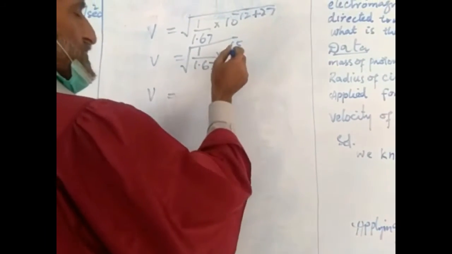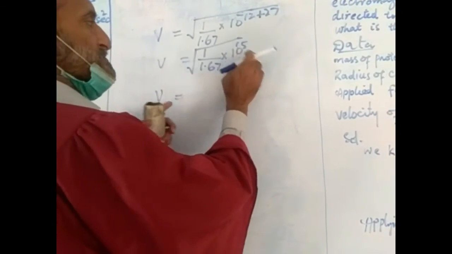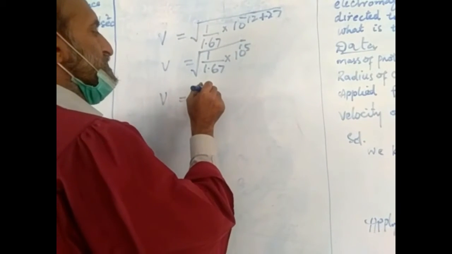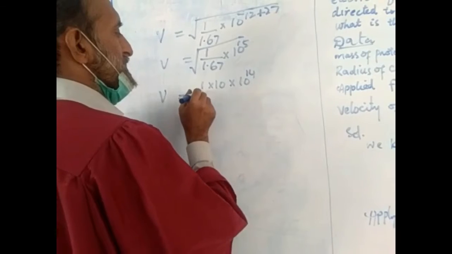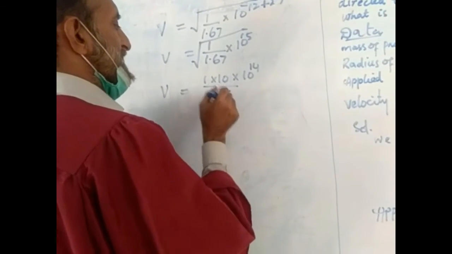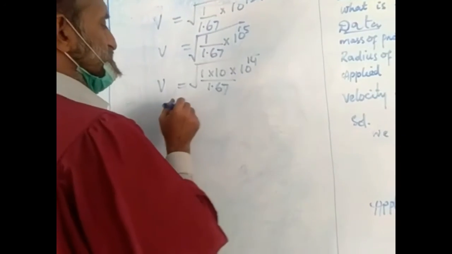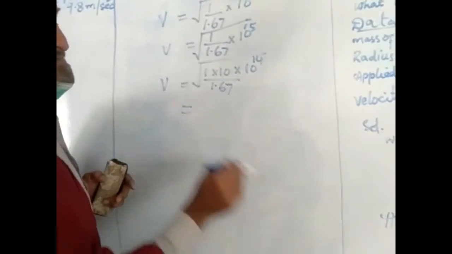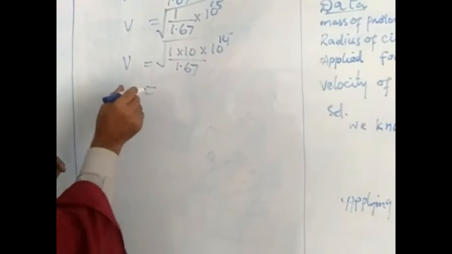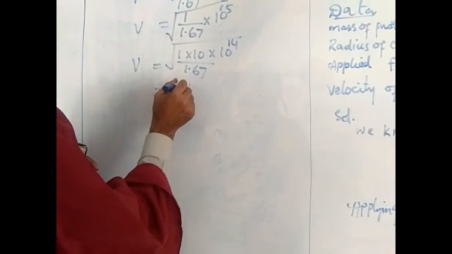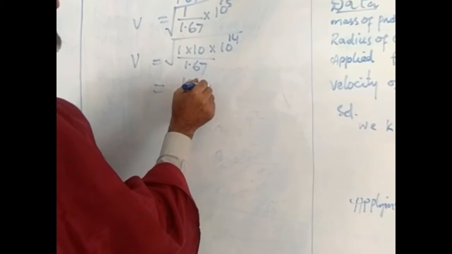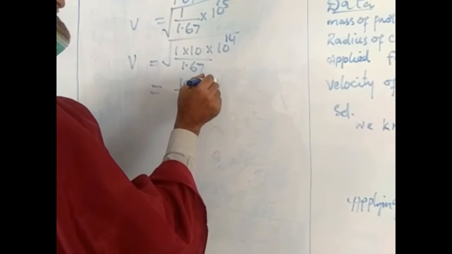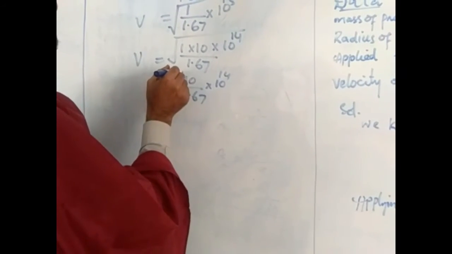V is equal to root of 15 split up into 10 multiplied by 10 power 14 upon 1.67.